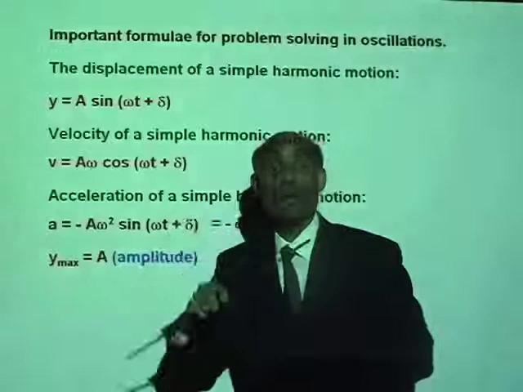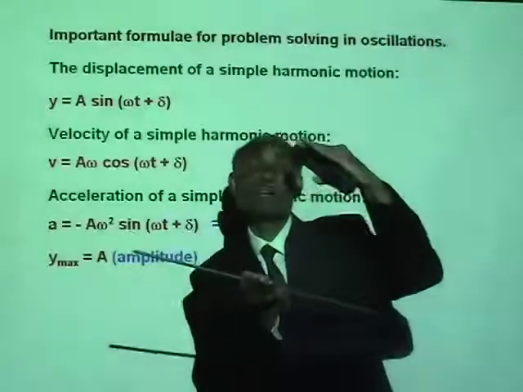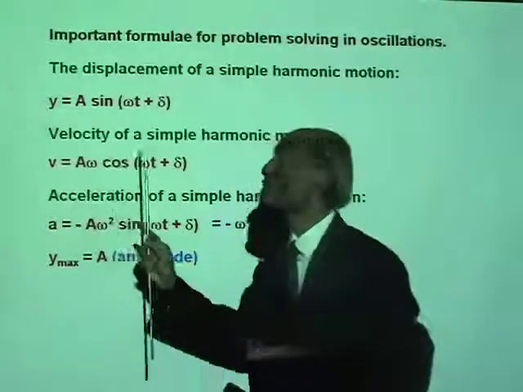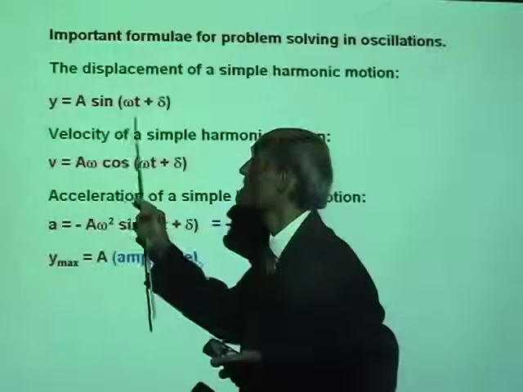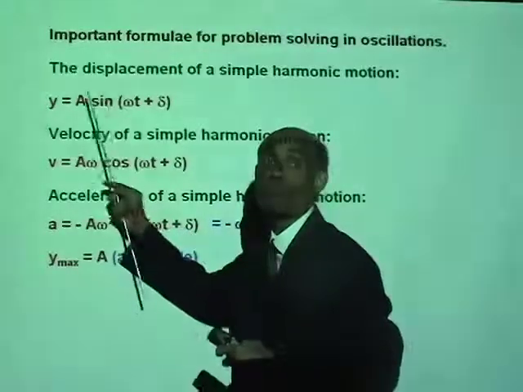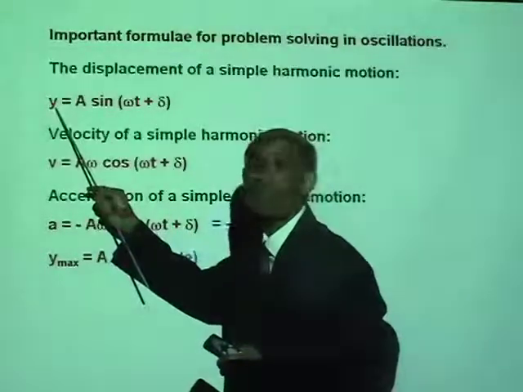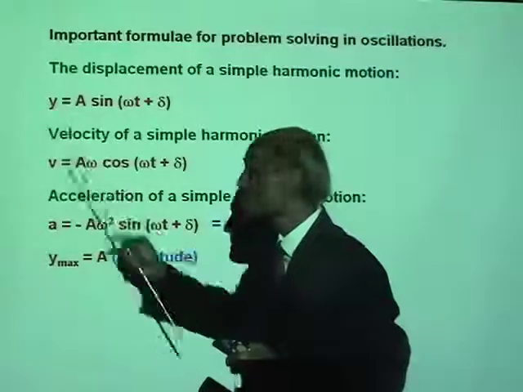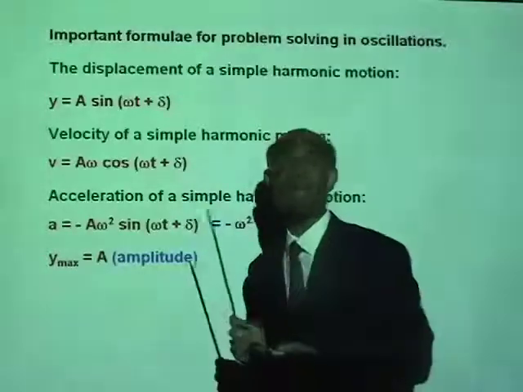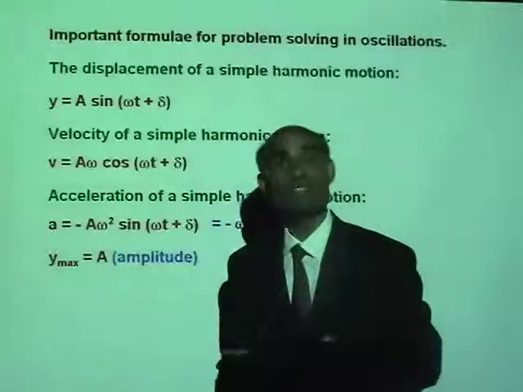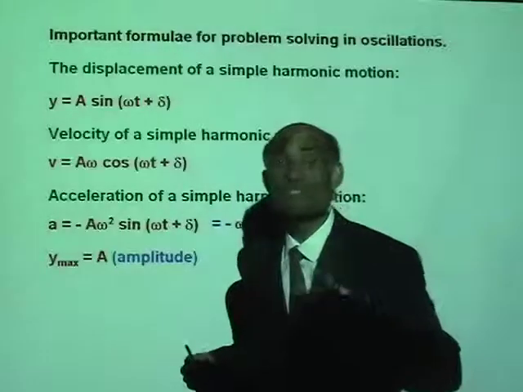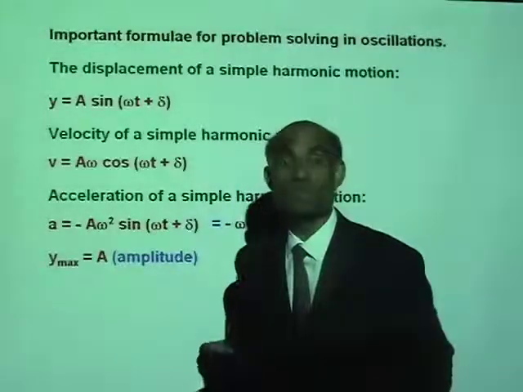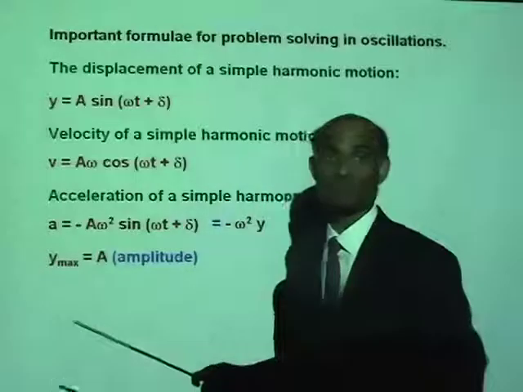All other sine values will be less than 1. Therefore, the maximum value of the displacement is the amplitude A. Even otherwise, the definition of amplitude is the maximum displacement.